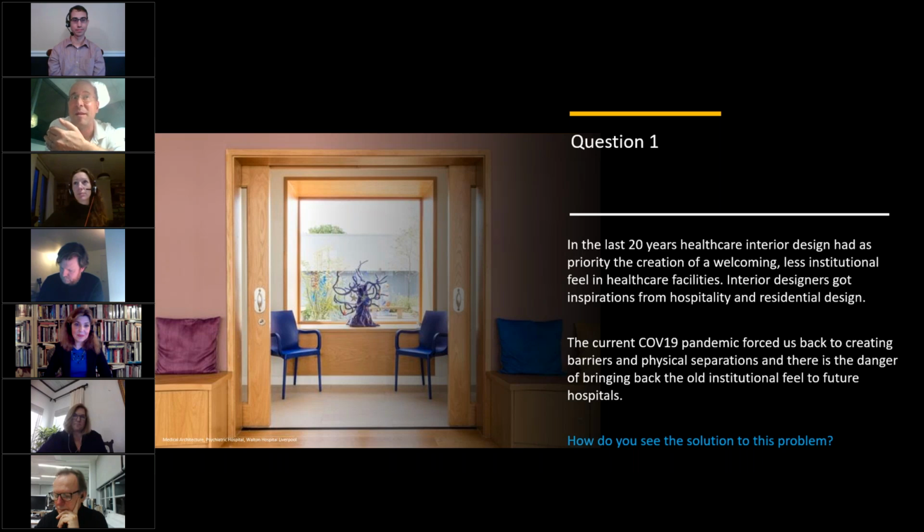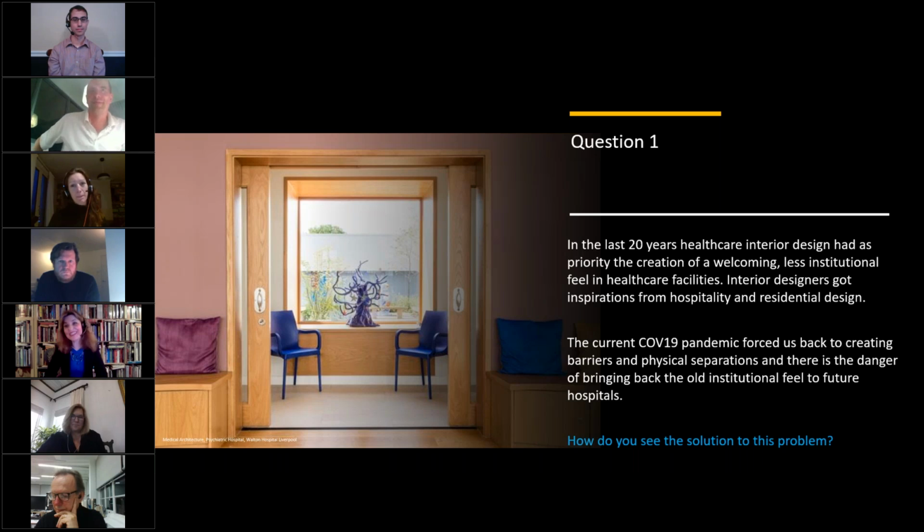I think the answer is the harmonization of a smart hospital with smart surfaces that we have learned about, with smart ways of avoiding airborne infections like we have now for COVID-19. But especially as healthcare architects and designers, we have to really take care that we are creating an environment without people being afraid, without people not wanting to go to a hospital anymore. This is a challenge, but I don't think this is a contradiction.